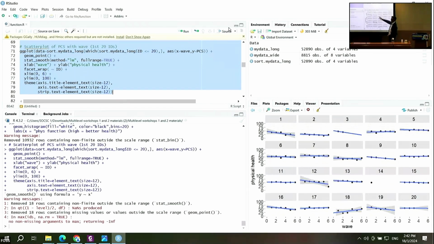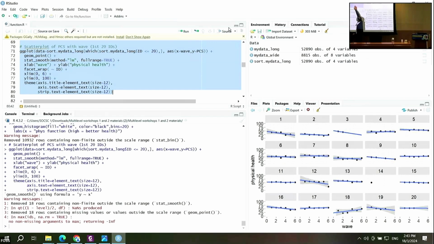So it's saying, generate for the first 20 individuals a scatter plot where we've got time as our x variable and physical functioning as our y variable. So that's what the ggplot does.